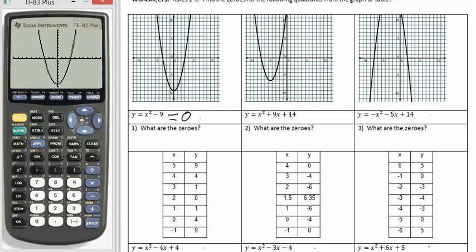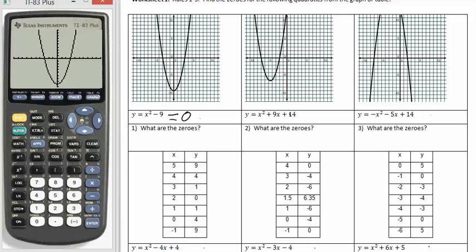Okay? So now we see this graph. And it only looks slightly different because the scale is a little bit different. But you can see where the parabola crosses the x-axis. These are what we call the zeros, and they are the solution.